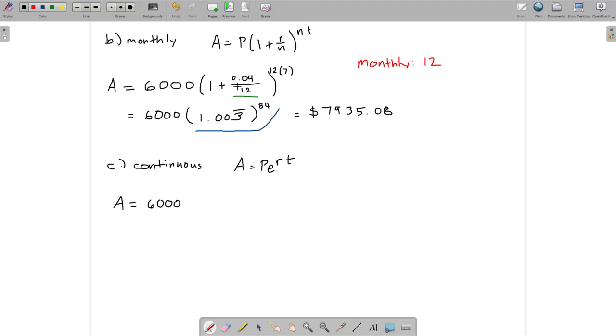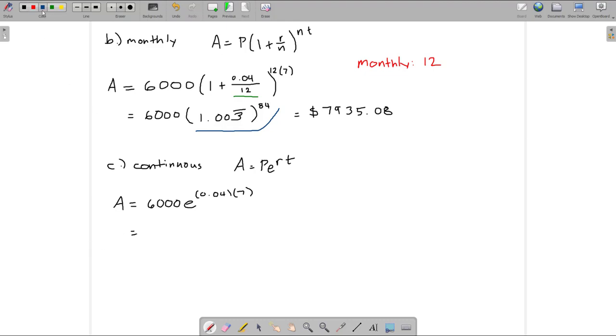We don't need to do this calculation here, this 1 plus r over n, because we have e now. So just leave it as e. And then e to the rt. So r, again, is 0.04. And t is 7 years. So this is a much simpler calculation, actually. It's nicer.